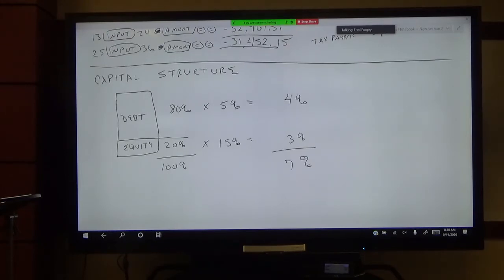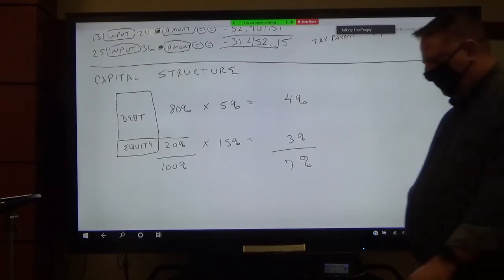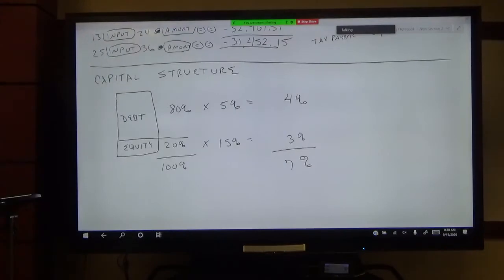Okay, it needs to be greater than 7%. So if the overall project, as an example, let's say the overall project value is $100,000, then what does that really mean here?